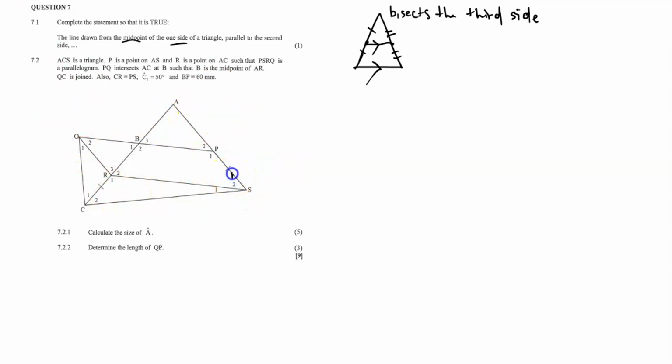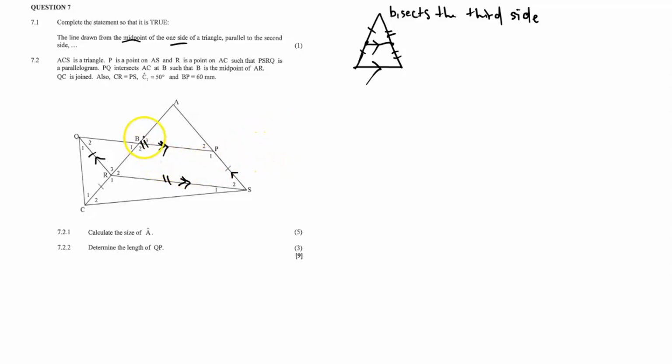So we know that this side is parallel to this one and also equals to its length. And then also this one is equals to this one because it's a parallelogram, and also this one is parallel to this one. That is what a parallelogram is. It is a quadrilateral that has both pairs of sides parallel and equal to each other.